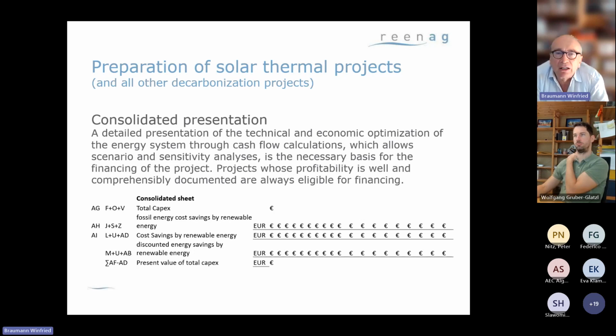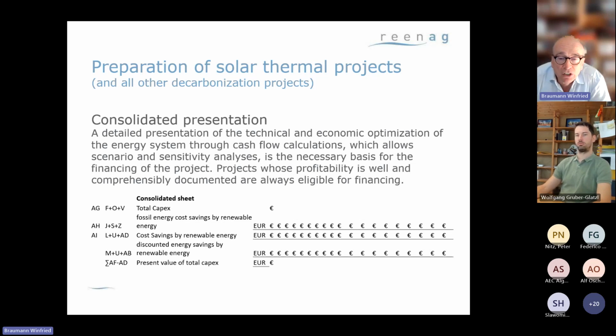Those calculations and optimizations have been made separately, corresponding to the postulate of the energetic independence of each energy cell. This approach allows scenarios and sensitivity calculations per energy cell to be carried out.